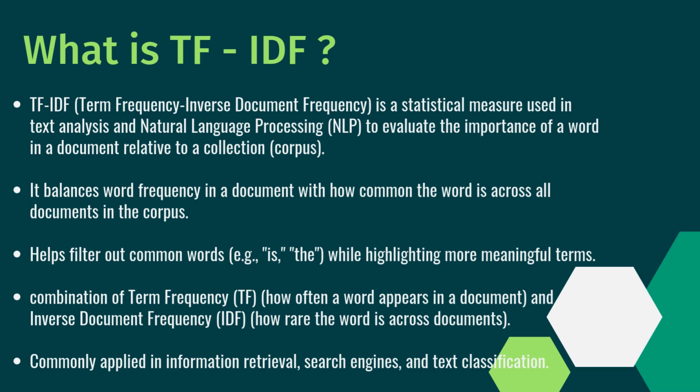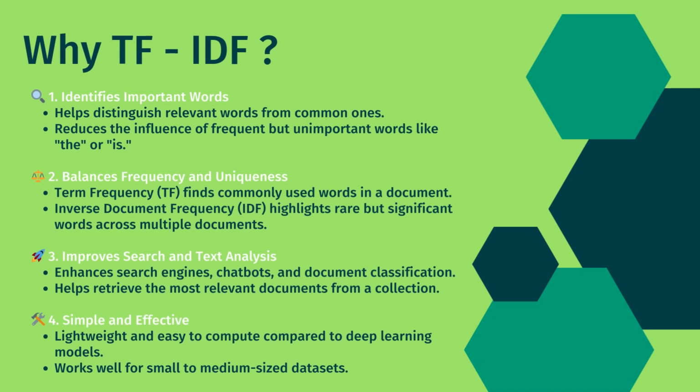This ensures that commonly used words like "is" or "the" are given less importance, while more meaningful terms stand out. TF-IDF is widely used in text analysis, search engines, information retrieval, and text classification to improve the relevance of keywords and enhance document ranking.